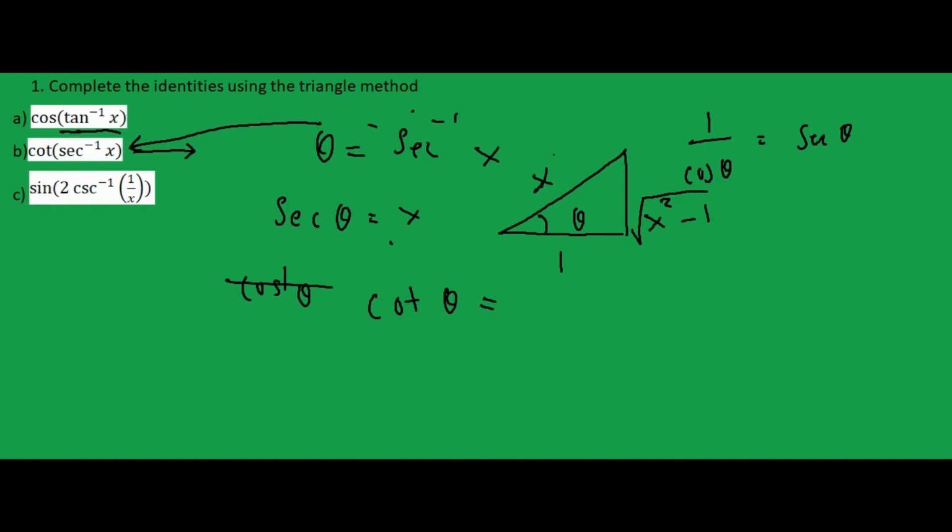We look at the triangle that we made before. Cotangent is adjacent over opposite. So what we get is 1 over the square root of x square minus 1. This is the answer for question B. Moving on to the next question.